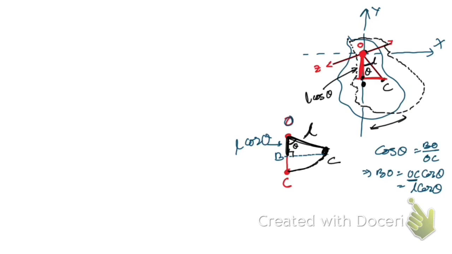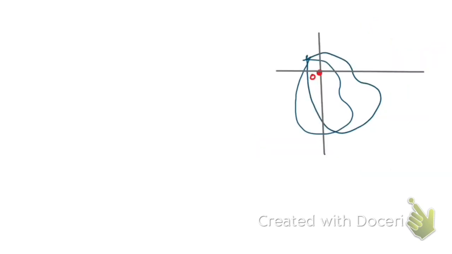So let me draw the diagram clearly. Here you see this is the rigid body oscillating this way. This is the center of mass C, which oscillates with the rigid body, and L is the distance between the center of mass and the point O through which the axis of rotation is passing.